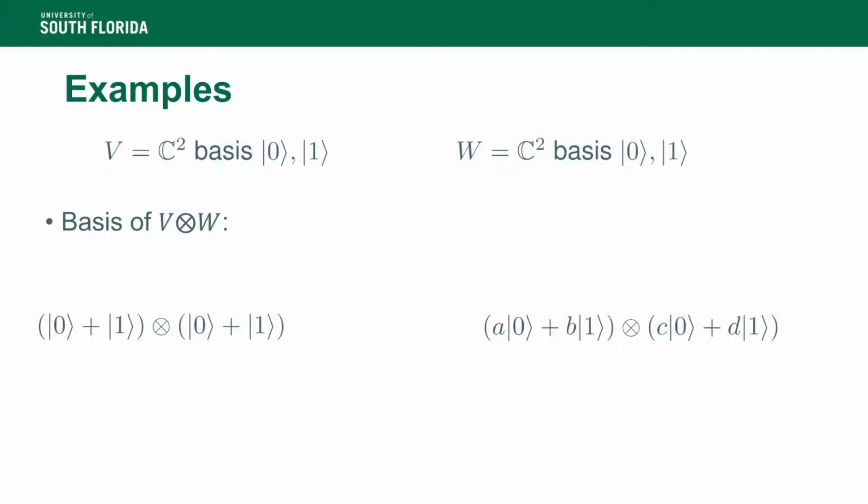So, for example, here we're looking at V and W. This is a very simple example. They're both C2. And what is the basis? Well, we'll have 0 tensor 0, then 0 tensor 1, then 1 tensor 0, so I'm just trying every possibility here.